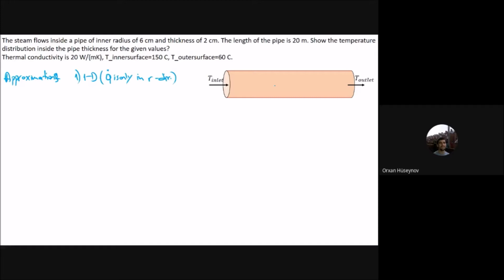If you remember, we said that you will have the z direction here, the r direction here, and along this circumference the theta direction. Here we are only assuming that heat transfer happens only in the r direction. The second one is that it is steady, and the third one is that there is no thermal energy generation.